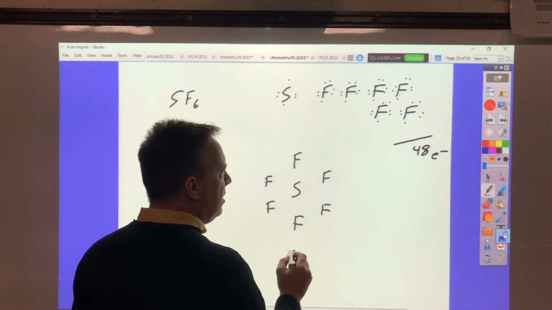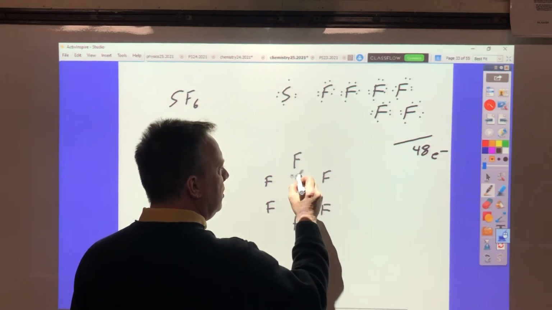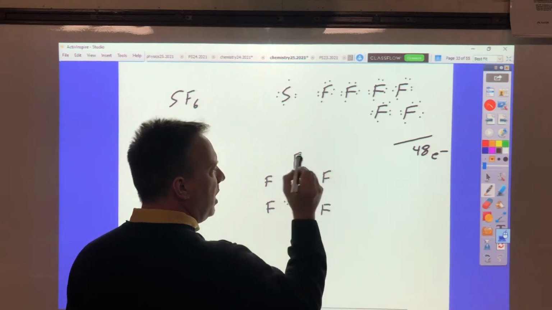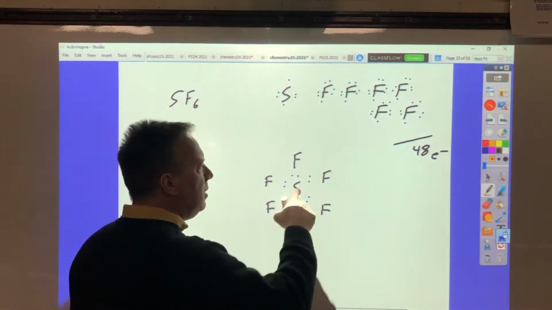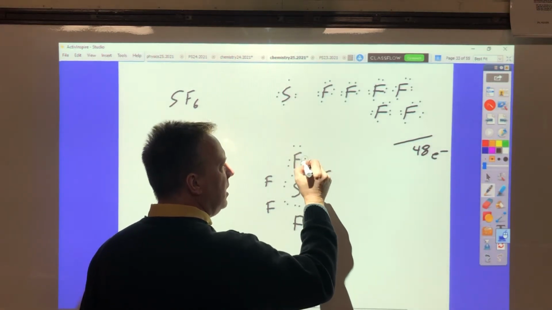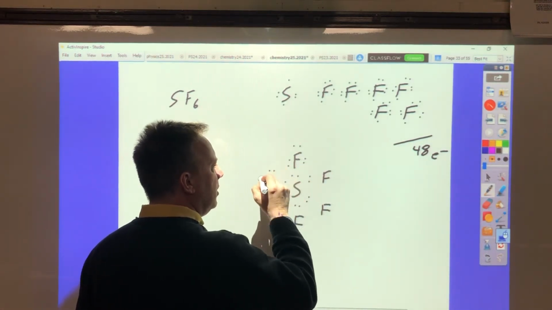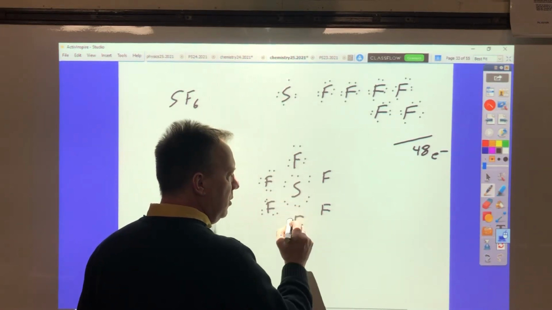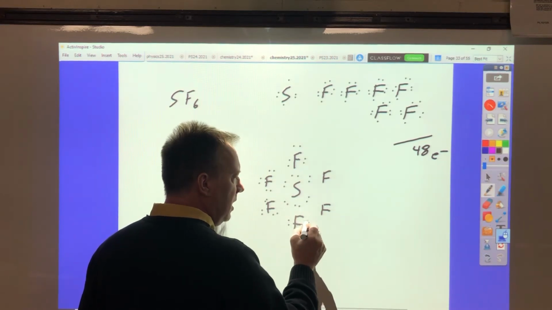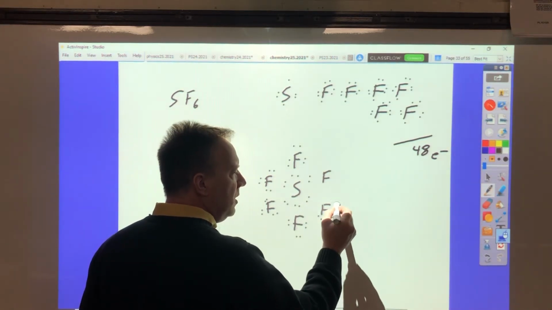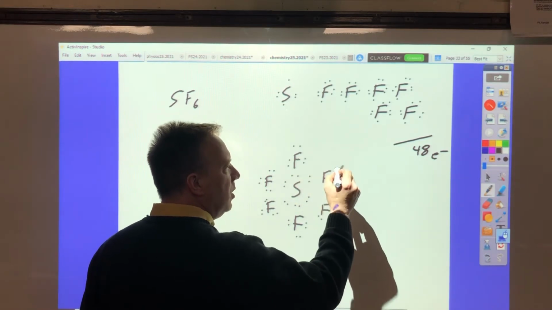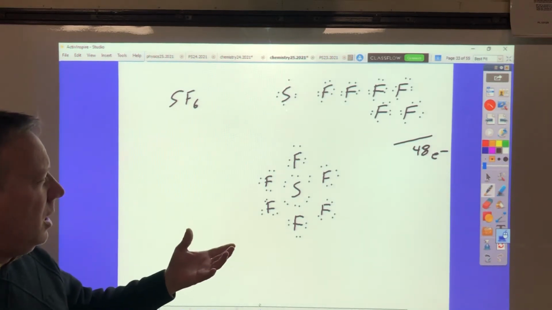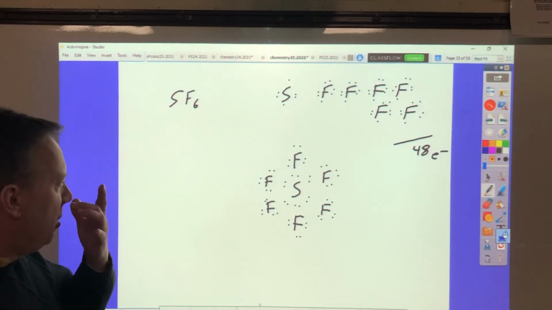Following the same steps each time: share pair, share pair, share pair, share pair, share pair, share pair. Then give everybody 8: 2, 4, 6, 8. Then replace it with sticks.